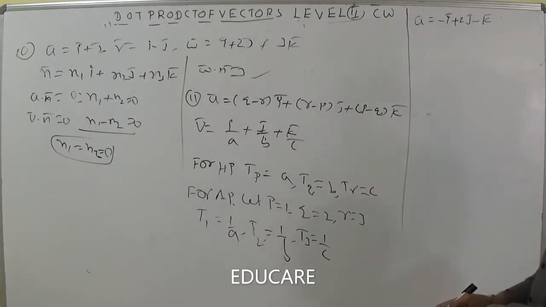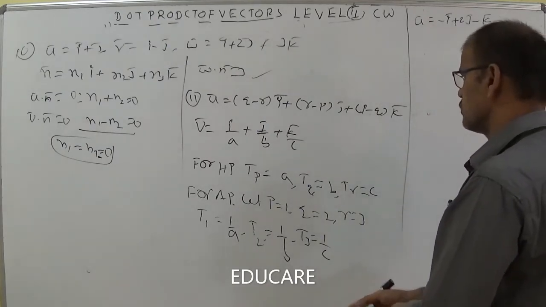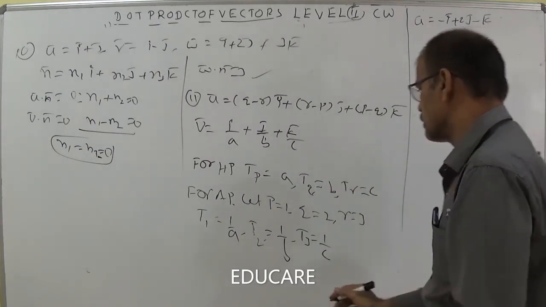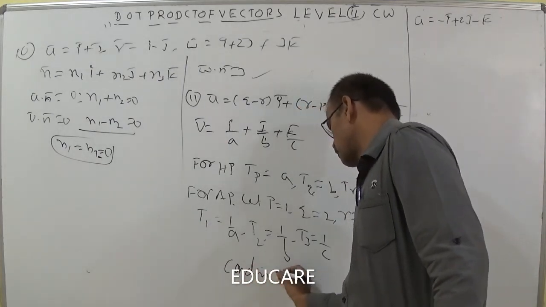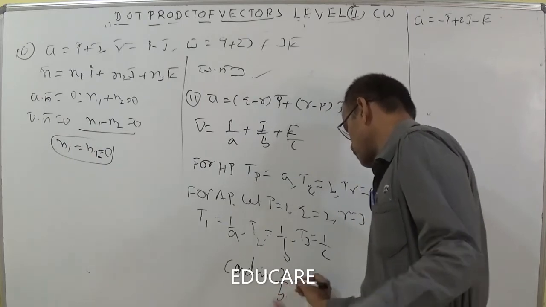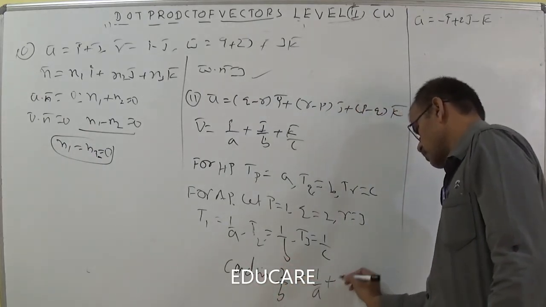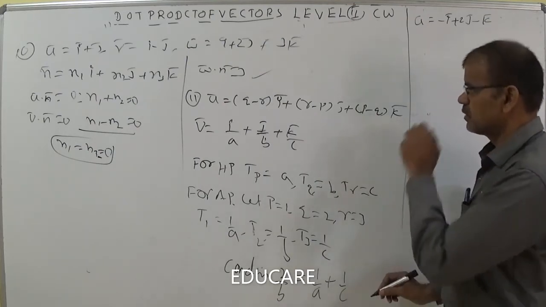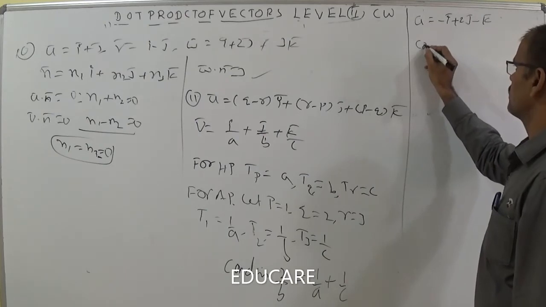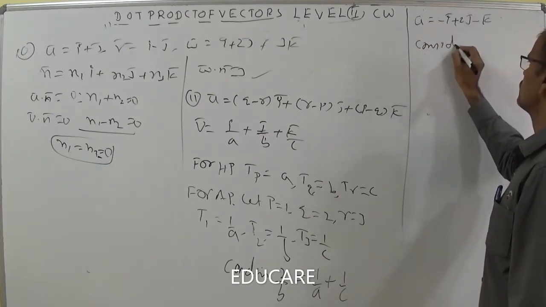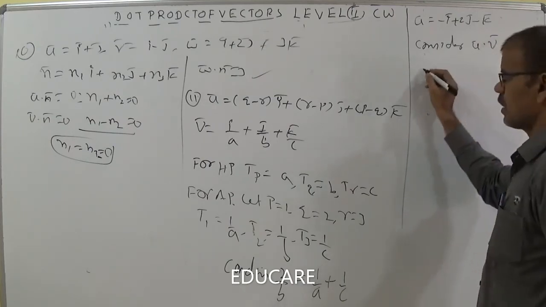Now V bar is given as I by A plus J by B plus K by C. The condition we can write here using harmonic progression or arithmetic progression. Same here, 2 by B is equal to 1 by A plus 1 by C. Now U dot V, consider I am writing U bar dot V bar in the options.